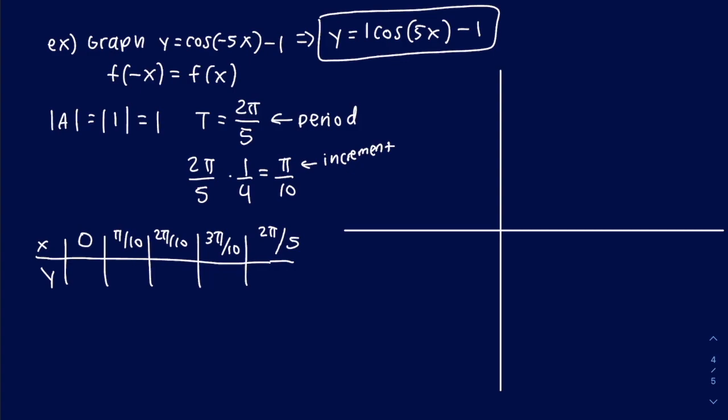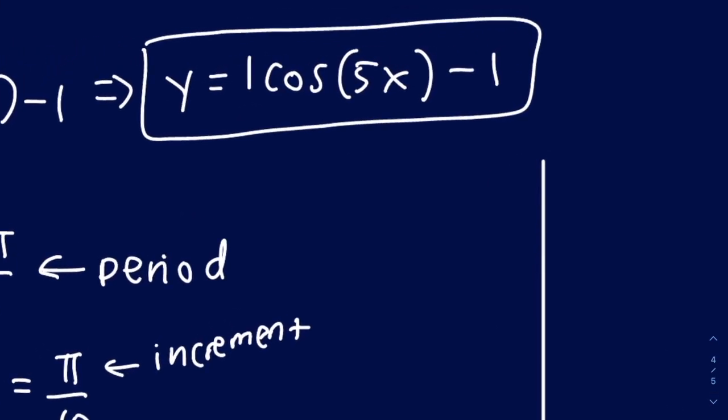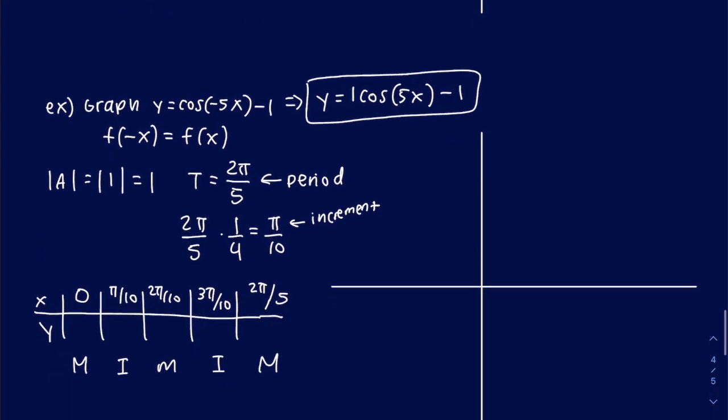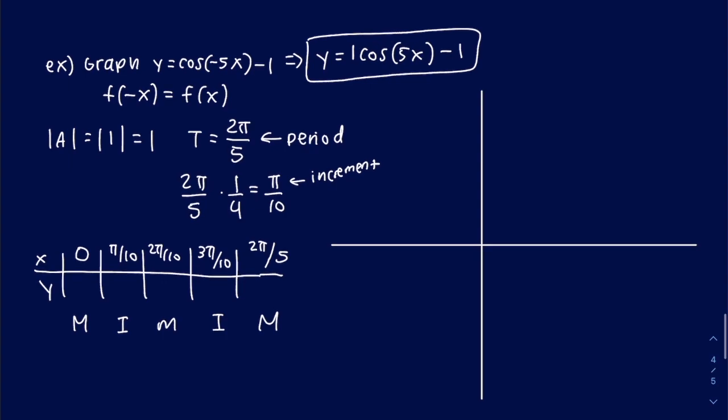So the acronym for cosine is MImIm, maximum, intercept, minimum, intercept, maximum. Now, some of you may be thinking that we swapped the minimum and maximum. However, remember that we have rewritten our function to become a positive function according to our even and odd properties. And so there is actually no need to swap our acronym.